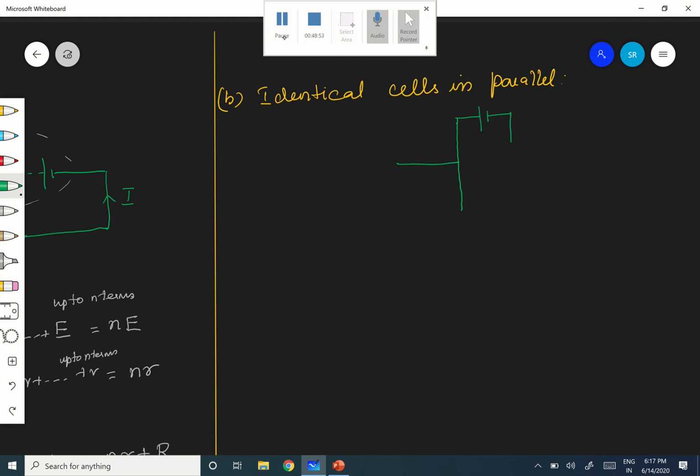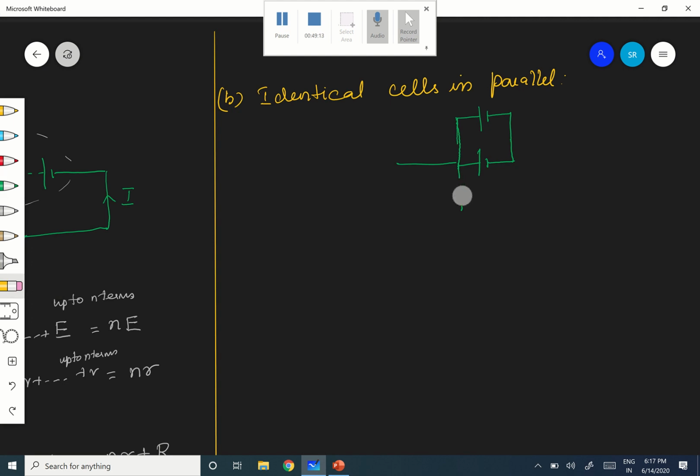First one, second, and like that I have so many cells.